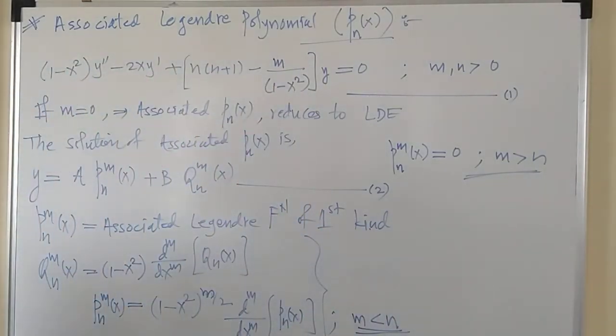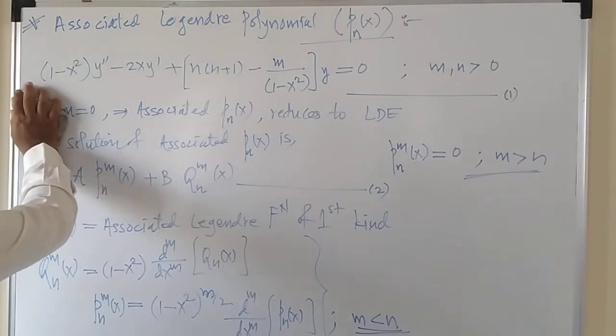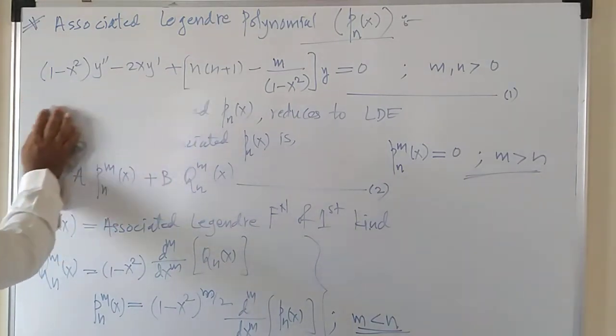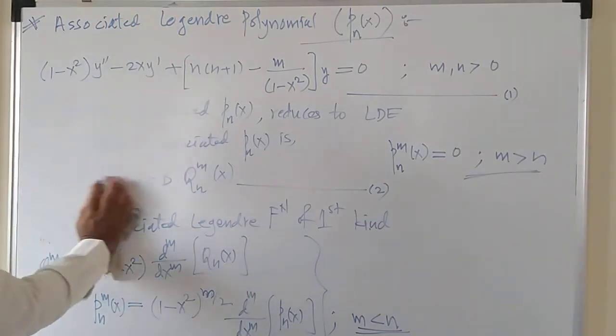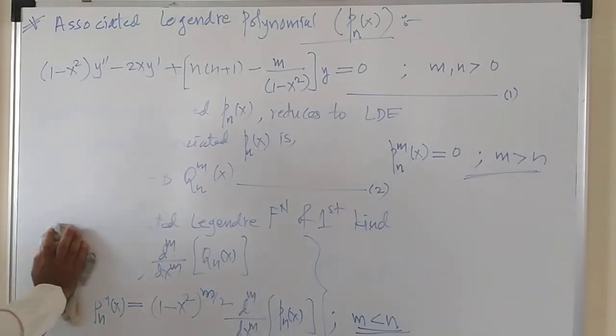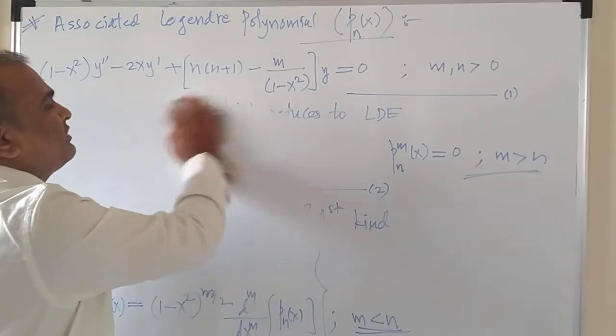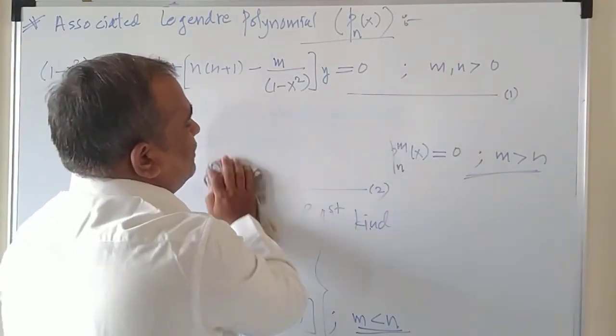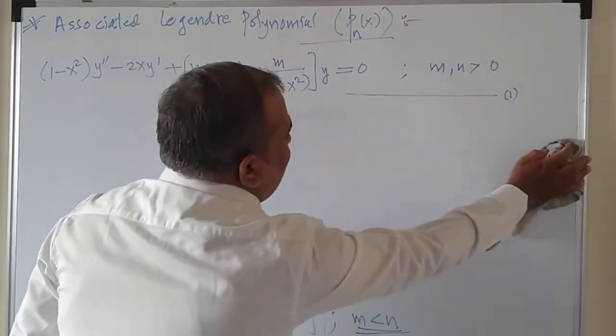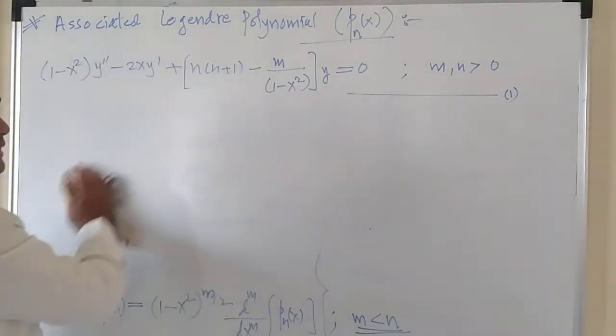This associated Legendre polynomial, Pn m of x, is orthogonal in a particular region, where x is greater than -1 and less than +1.